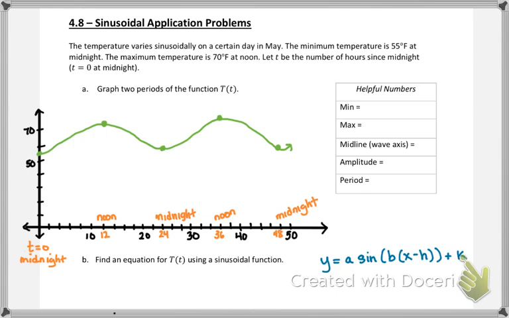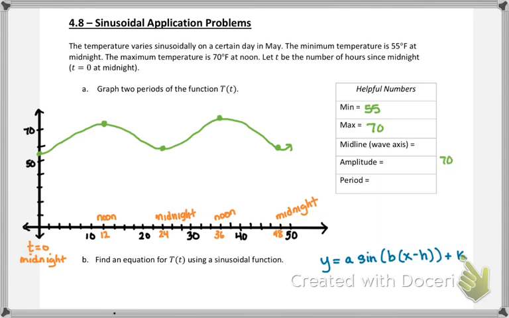The minimum we know is 55, the maximum is 70, okay? And the amplitude we know is the distance from the wave axis to the high point, and the distance from the wave axis to the low point. So to find the amplitude, all I have to do is take the difference between the high and low point and divide by 2, right?